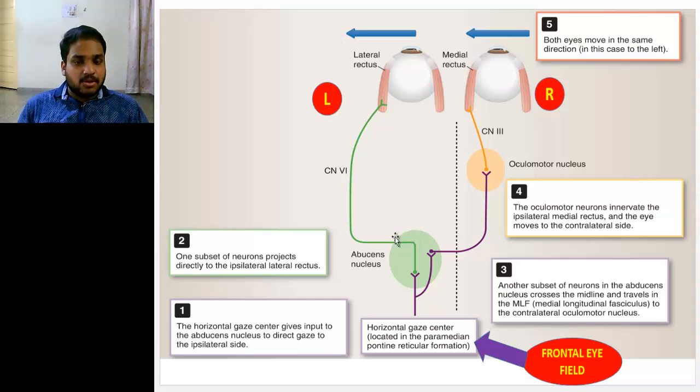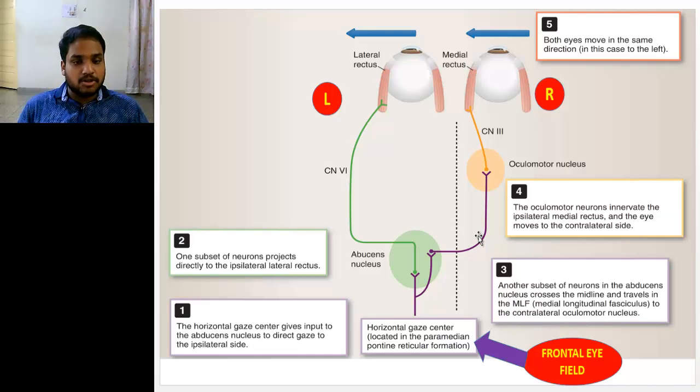Now what happens? The abducens nucleus is connected with the oculomotor nucleus through a very special pathway. This is a very special communication between the oculomotor nucleus of the right side and the abducens nucleus of the left side. This is the right medial longitudinal fasciculus, the right MLF.